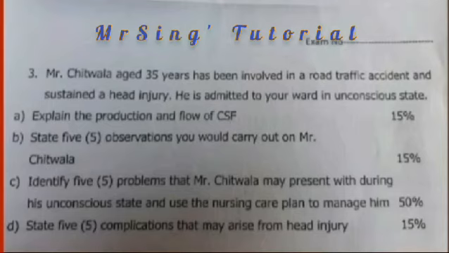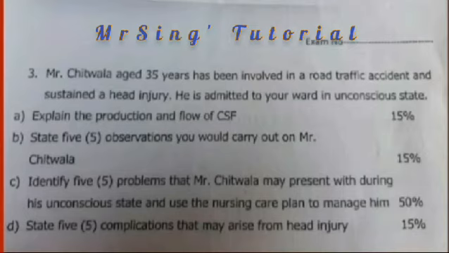Then going to question C. Question C is saying, identify 5 problems that Mr. Chitwala may present with during his unconscious state and use the nursing care plan to manage him.